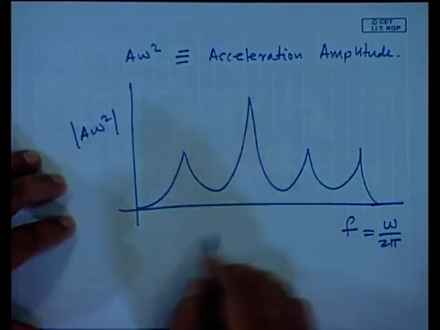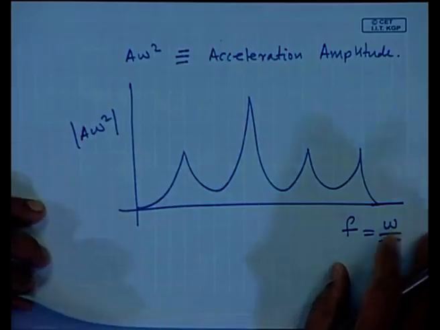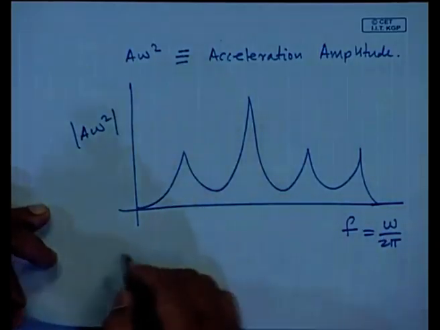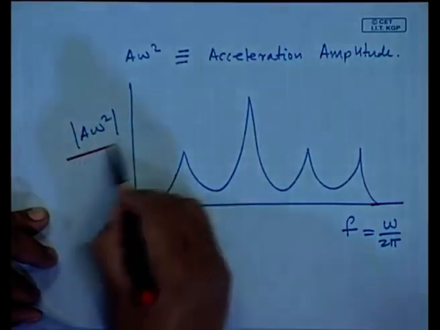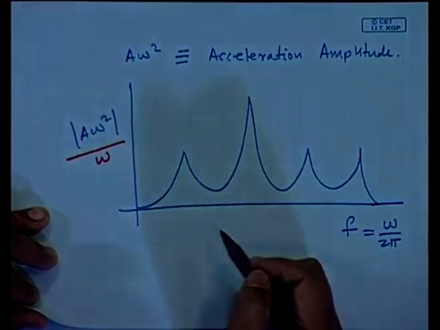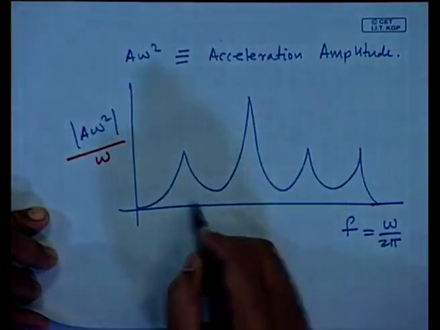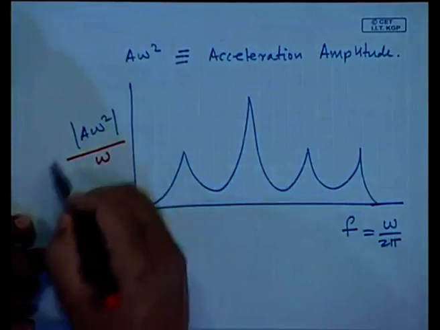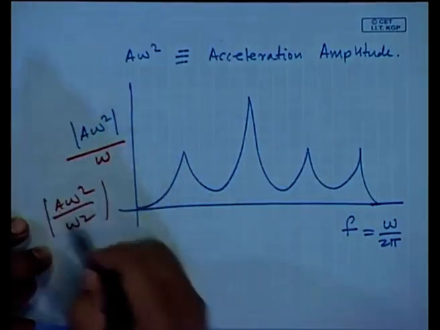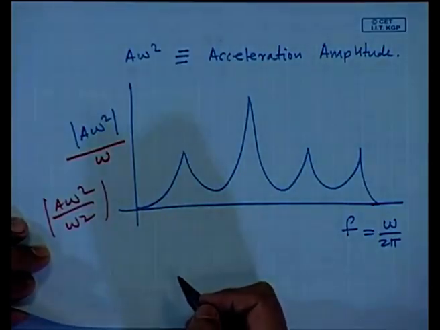Now, if somebody wants the velocity spectrum of this signal, you could do it very easily. Once you divide this by omega, you will get the velocity spectrum, isn't it? And then if you divide it by omega square, you can get the displacement spectrum.